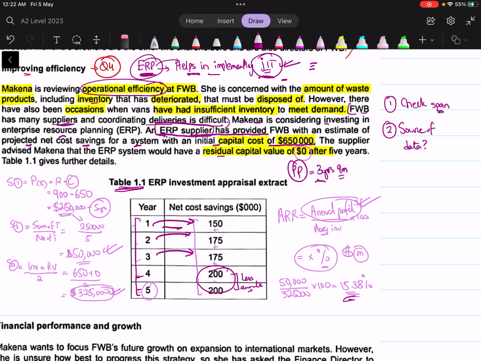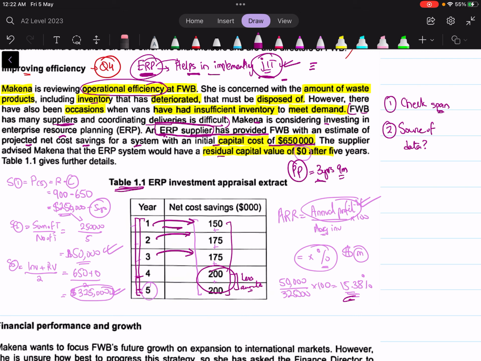So I tell you, fine, sure, let me give you some cash flows and then you can calculate ARR or payback. And obviously, since I am a vendor, a business selling ERP services to other businesses, I'm going to manipulate the data in such a way that it results in a favorable investment appraisal result.